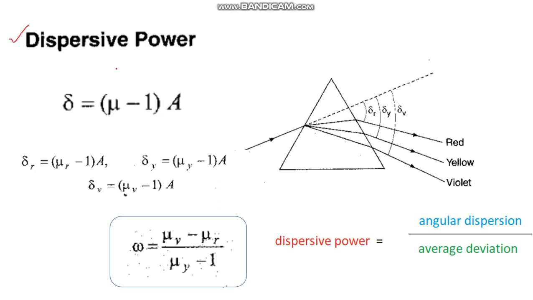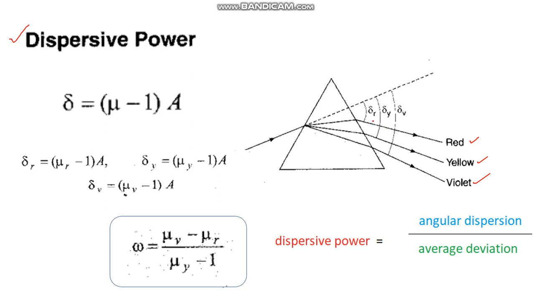What is dispersive power? When light enters through this prism, this is the original path which was supposed to be, but different light rays of different colors and different wavelengths are deviating in their own fashion.